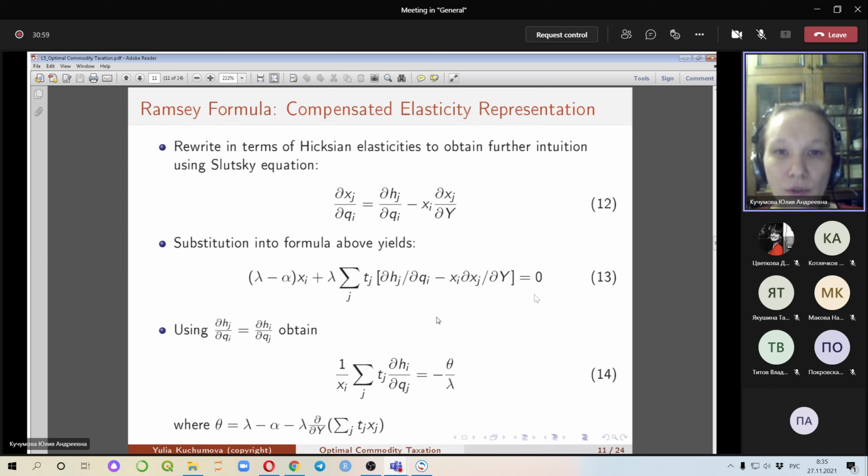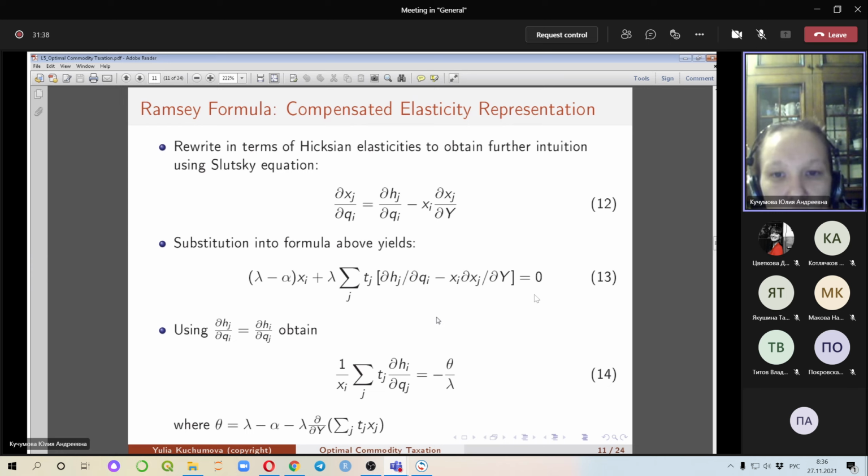However, we want to provide some intuition for a more general case, when it's not that simple and the cross price elasticities are not equal to 0. For that, we will rewrite the Ramsey formula in terms of Hicksian elasticities to obtain further intuition. From the Slutsky equation, we can write down that the derivative of xg with respect to qi is equal, breaking down the total effect into substitution and income effects.